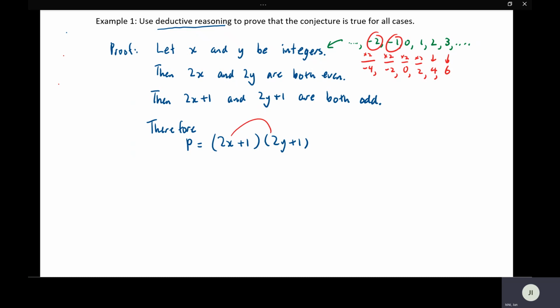So 2x times 2y, 2x times 1, 1 times 2y, 1 times 1. First, outside, inside, last, FOIL out the brackets.